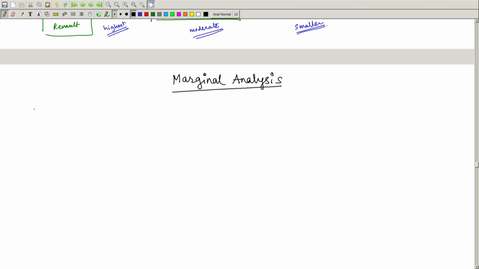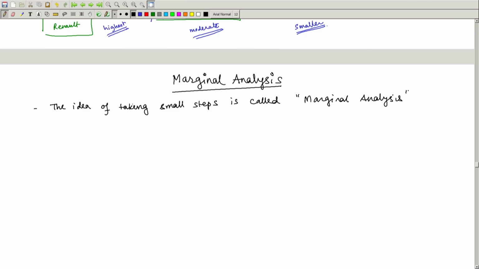So, let me first say that the idea of taking small steps is called marginal analysis in economics. Right. So, it is the idea of taking small steps.